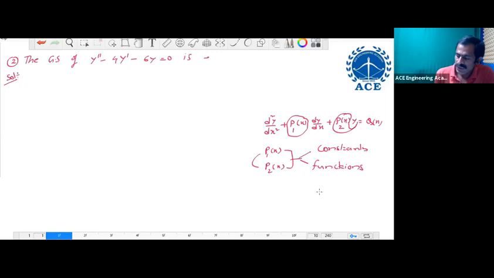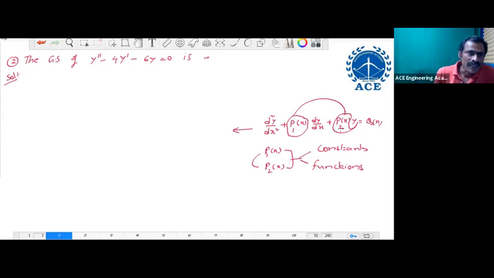Based on these two, the differential equation is called a linear differential equation with constant coefficients or a linear differential equation with variable coefficients. Suppose P1, P2 are constants, then the differential equation is called a linear differential equation with constant coefficients.